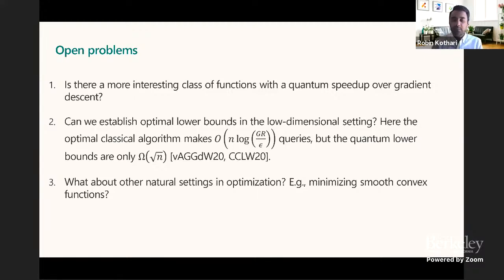Somehow thinking about quantum forces you to try certain kinds of proof strategies. If you're trying to prove the randomized lower bound, you would have far more proof strategies at your disposal. Because we're doing quantum and we only know one proof strategy, which is this hybrid argument, we had to find a family of functions that makes that happen. But once we found that, it just worked and gives you a classical lower bound for free. So this is one of those cases where having fewer options is better.